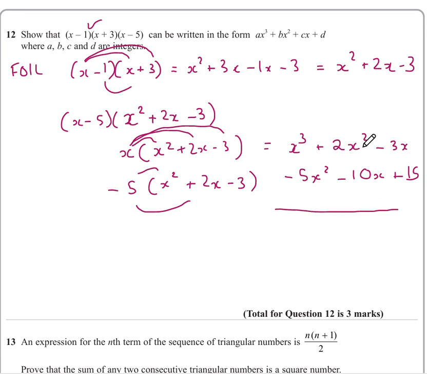Okay, and then if we collect together all these terms, so we've got only one cubed term, 2 squared terms here, so overall we're going to get minus 3x squared minus 3 minus another 10x is going to give us minus 13x, and then plus 15.